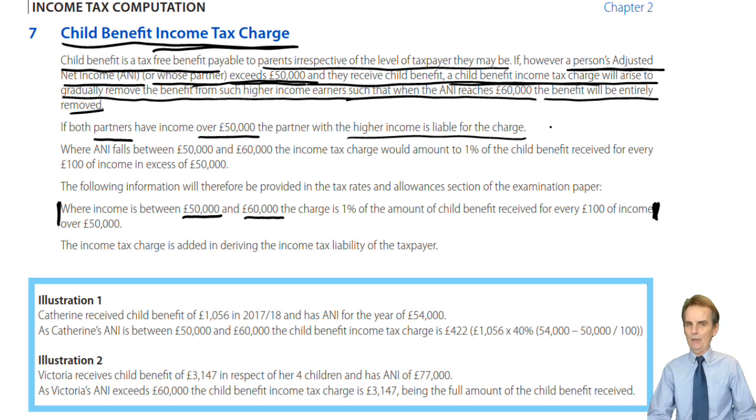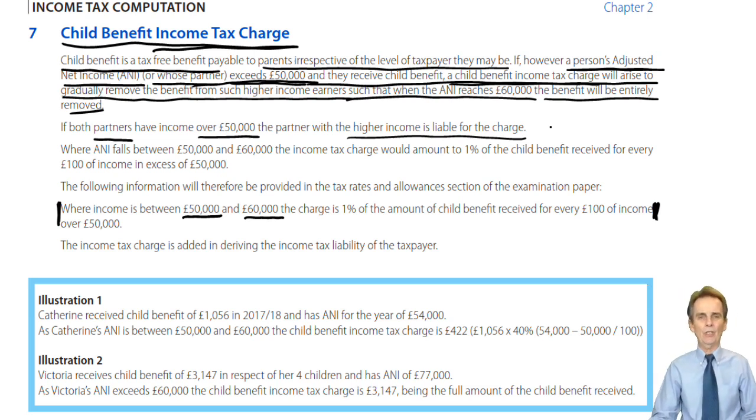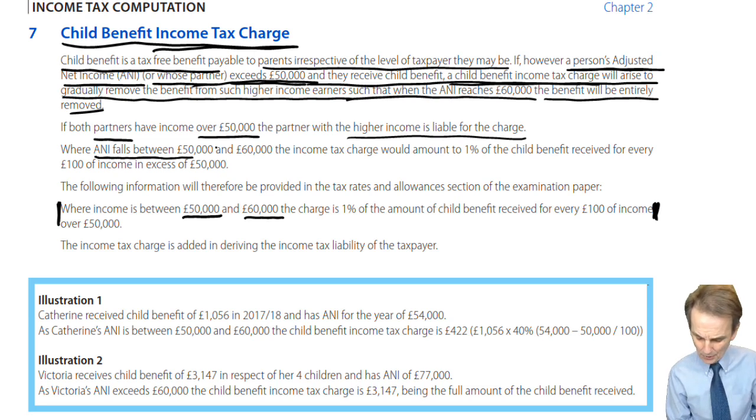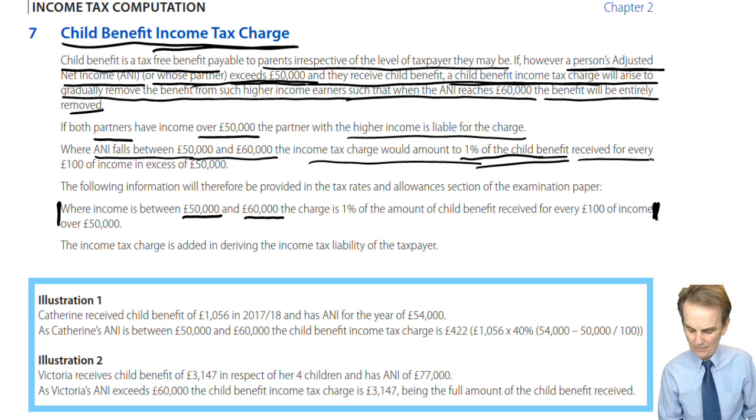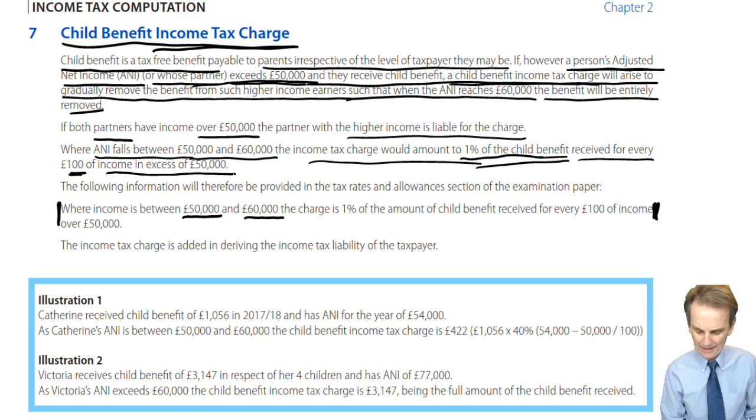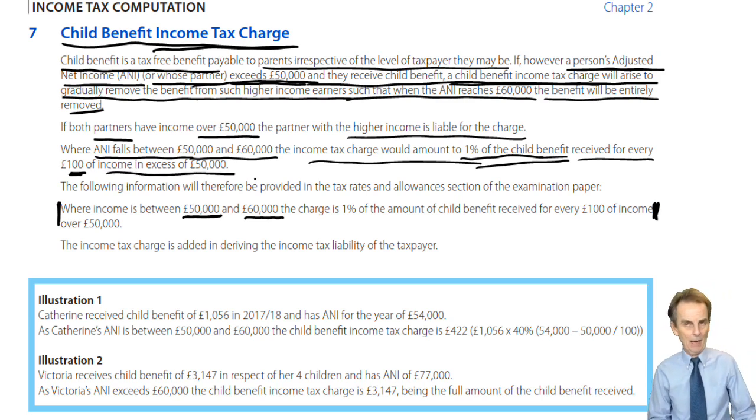So what happens in between? Because if they're going to test this, you're probably looking at an adjusted net income that will fall between £50,000 and £60,000. Well, the rule is, where that adjusted net income falls between the £50,000 and £60,000 figure, our income tax charge will amount to 1% of the child benefit received for every £100 of income in excess of £50,000.